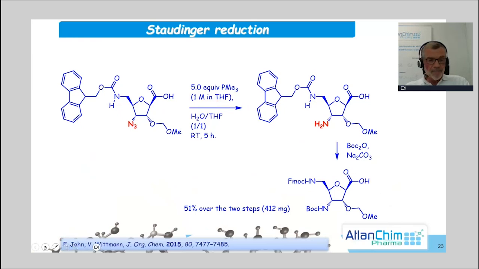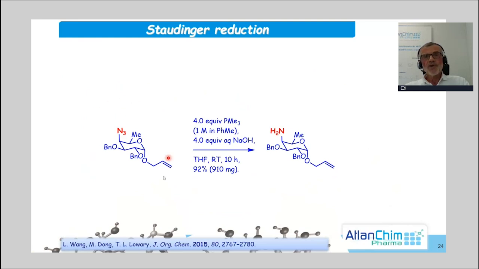In this other example, treatment of this azide with a toluene 1 molar solution of trimethylphosphine in a mixture of THF and aqueous sodium hydroxide gave the corresponding amine in excellent yield.